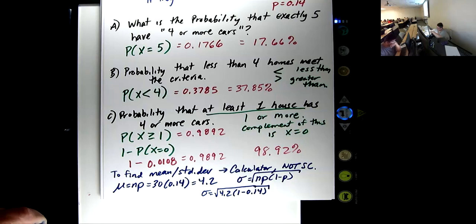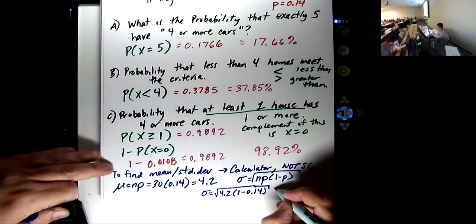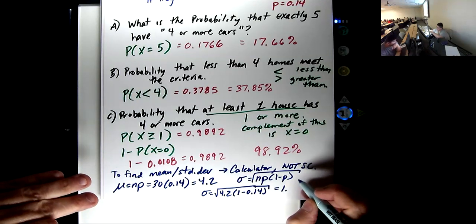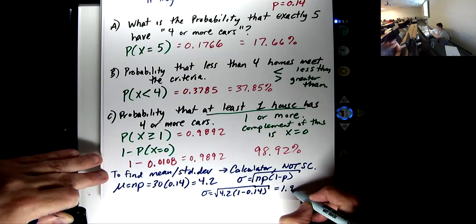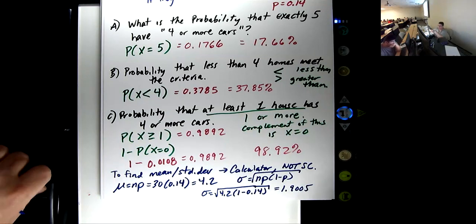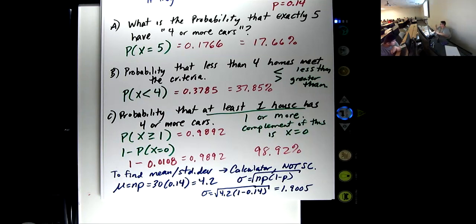And then I take the square root and I get 1.9005. So that's one thing you can't do on StatCrunch, but it's just some simple calculator work. You have to memorize or know the formulas. I would do flashcards and stuff.